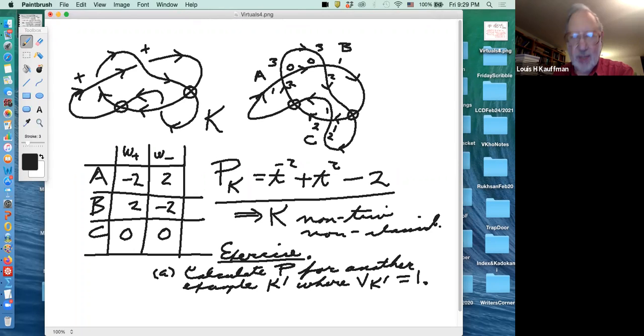In other words, take another knot, find an uncrossing sequence for it, virtualize on those crossings, do the calculation, and see if P detects it.